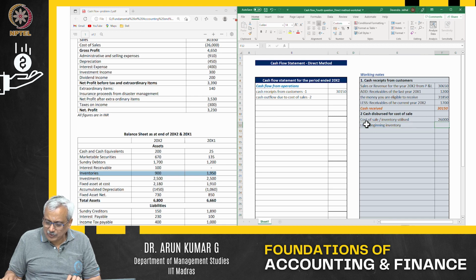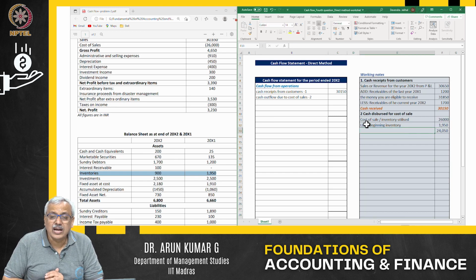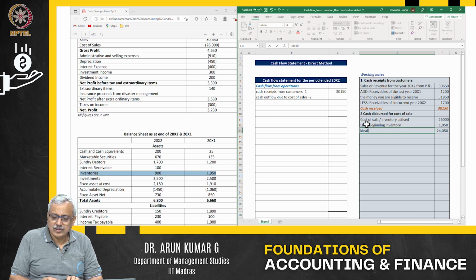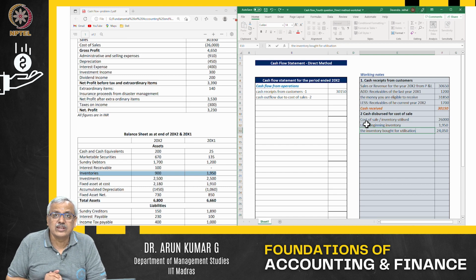So, if I reduce my beginning inventory, 1950, the inventory that I would have ideally bought for utilization is 24,050.